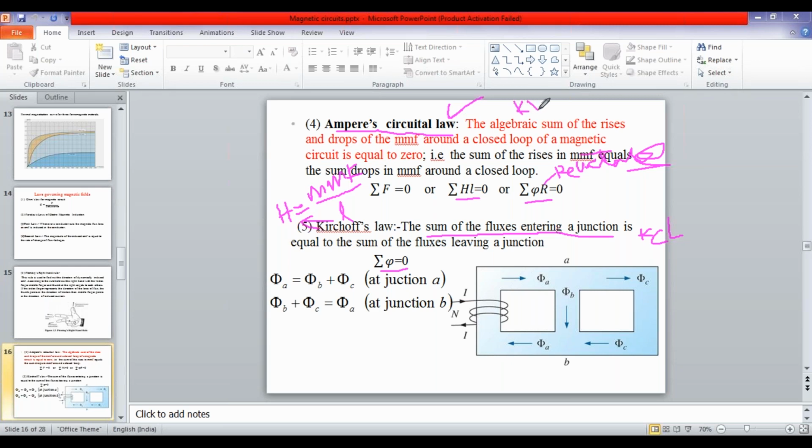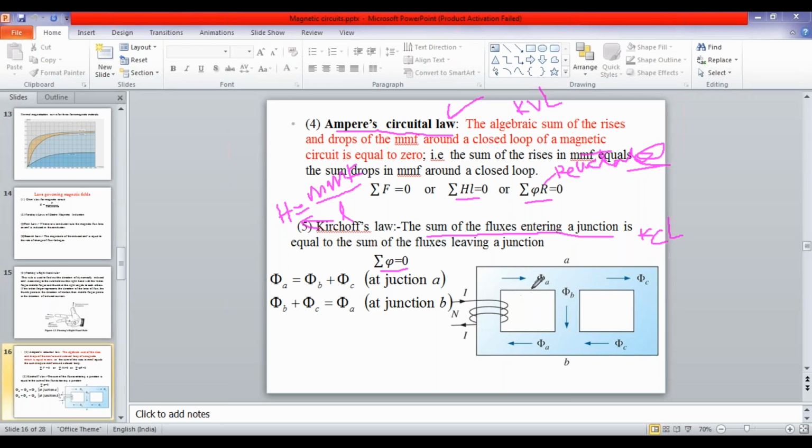So these two laws can be remembered in this manner to solve the problems. KVL in the magnetic circuit is Ampere's circuit law, and KCL in magnetic circuits is Kirchhoff's flux law. Their meaning is the same.